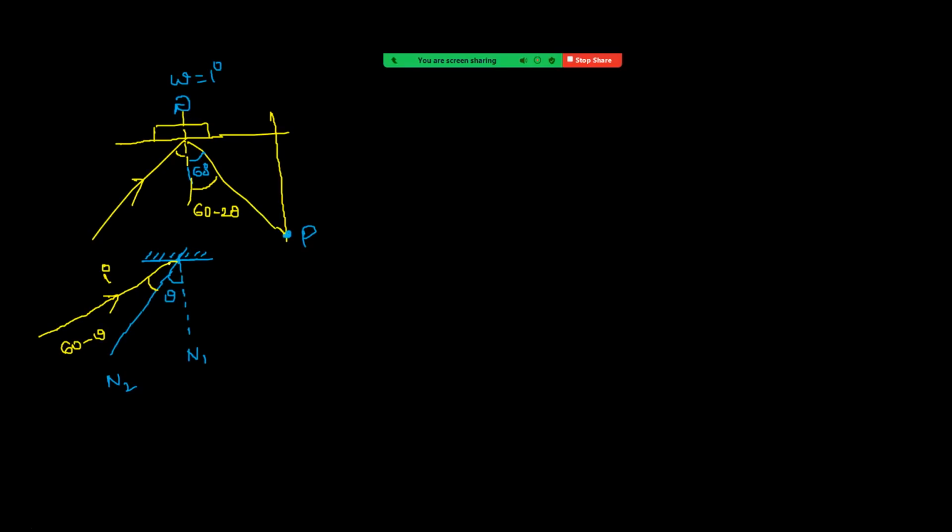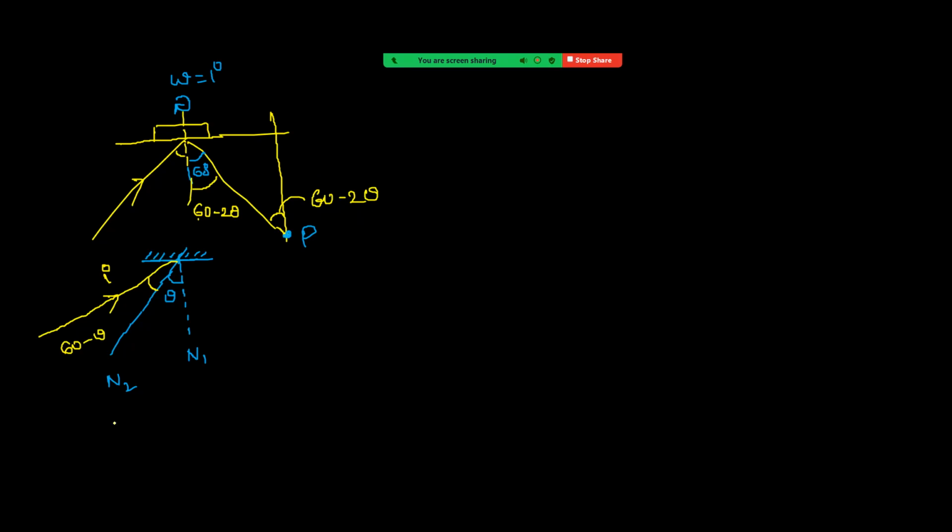Mirror rotates by angle theta, then the reflecting ray rotates by an angle 2 theta. When this rotates by angle 2 theta, then this makes angle 60 minus 2 theta with the vertical. If this point is clear, the remaining part is just calculation.